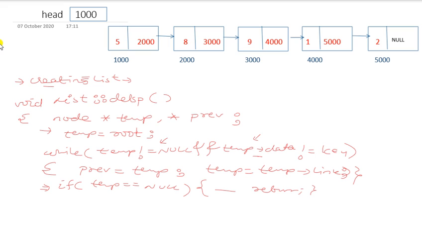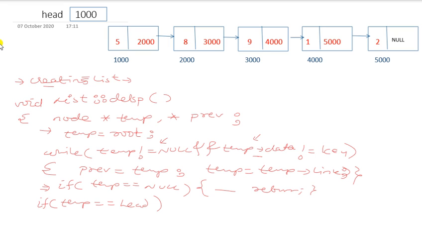If this condition is false, it means because of this you have come out, and you need to shuffle the links. But before that, we'll check the special case. If temp happens to be head, say you want to delete the data 5, the first node, the head node itself, is the node to be deleted.